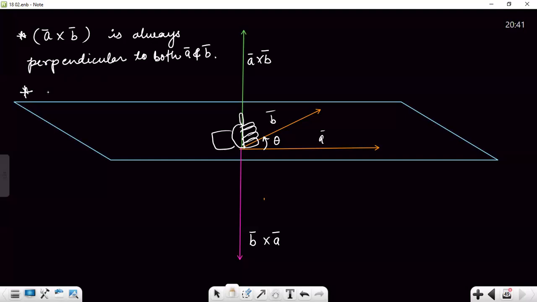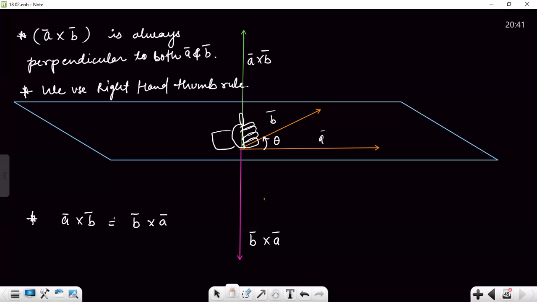The second thing to consider is that we use the right-hand thumb rule to estimate the direction. The third important point is that the cross multiplication of A and B is not commutative, meaning it will not be equal to B cross A. It's not commutative.